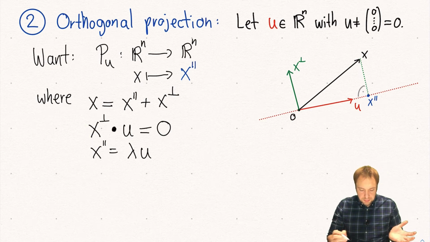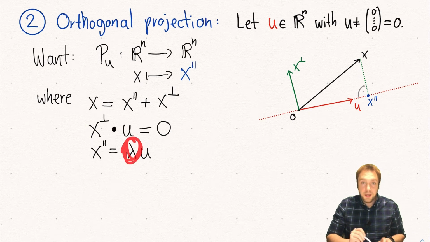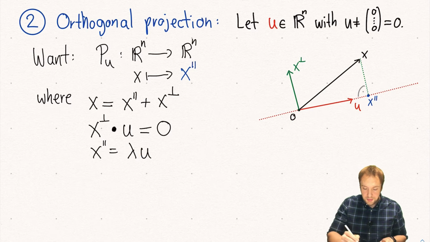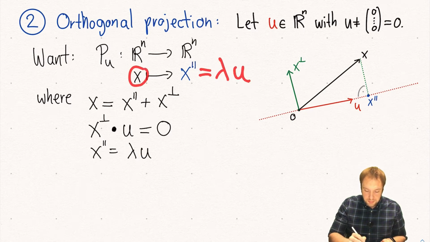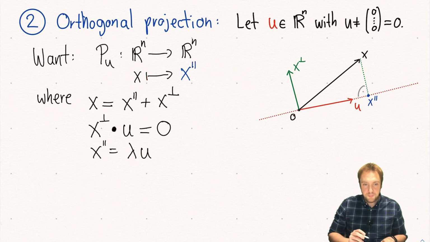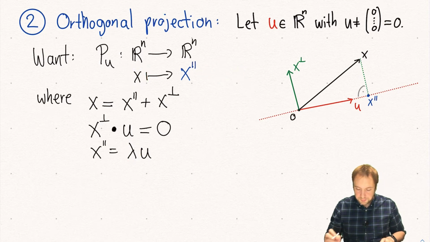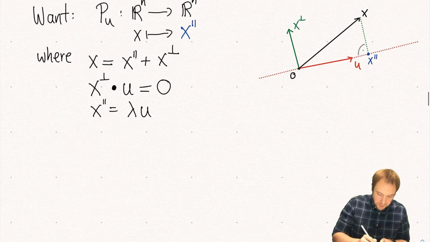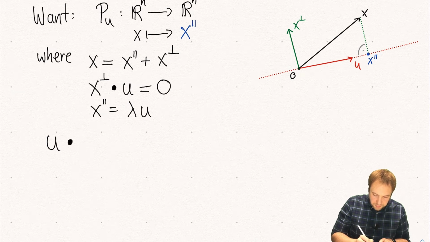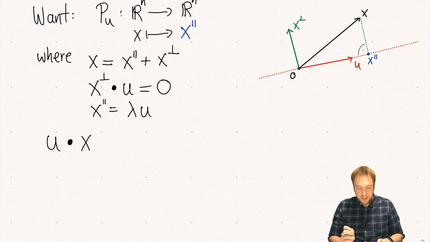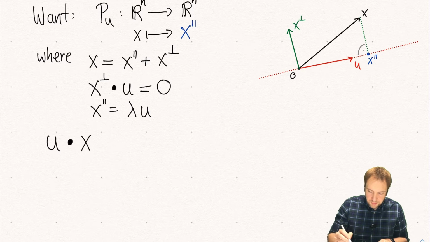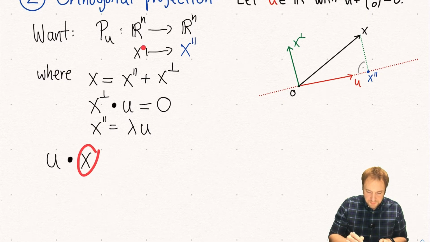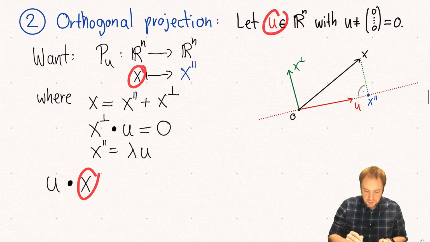And so, in other words, we want to find this lambda here, right? Because we want to send this x to lambda times u, and this lambda we now want to find, if it exists. So now consider u, the scalar product of u with x. This is the input we have here for our function, the u and the x.